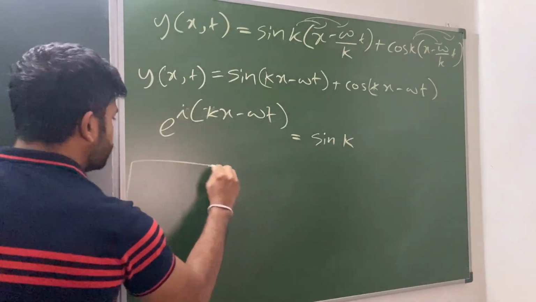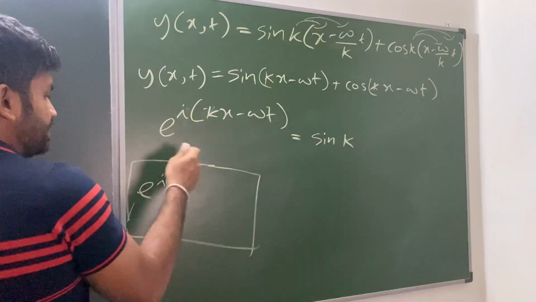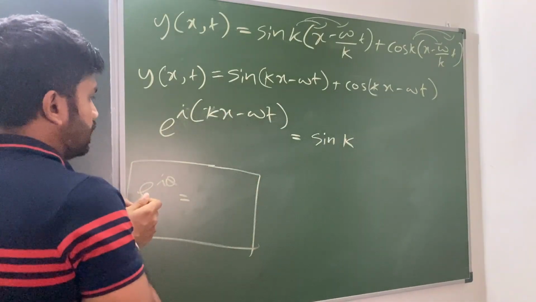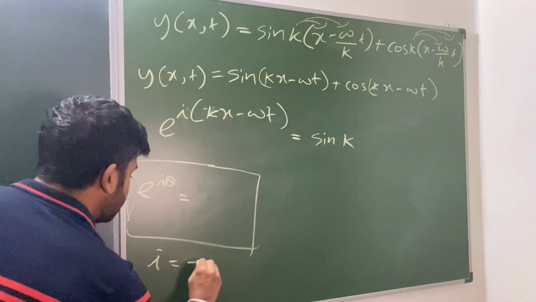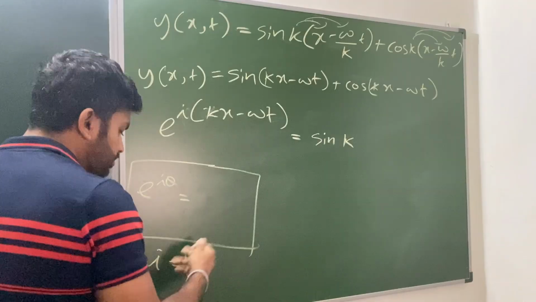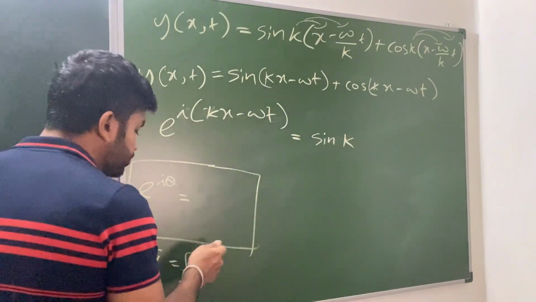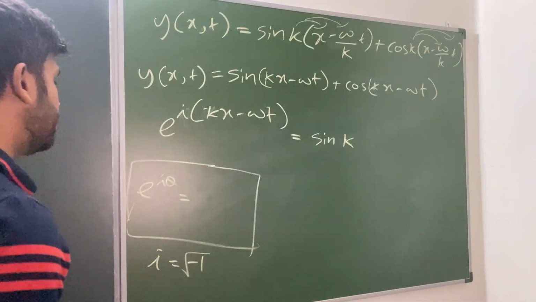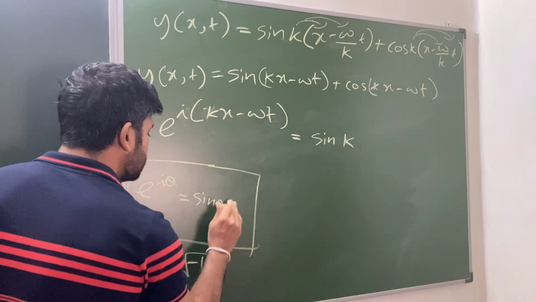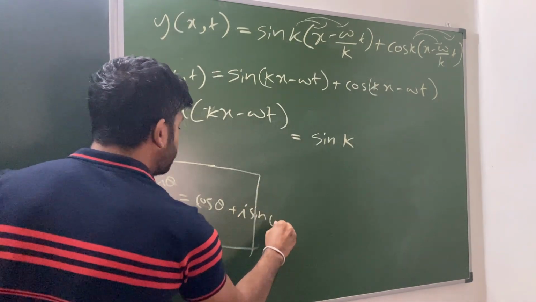If you don't know what Euler's formula is, that is e to the power i theta. If you are not familiar with imaginary numbers, don't worry. i is equal to the square root of minus 1. You can't define it with other numbers than the imaginary i. So that's the only number you can use to define this square root of minus 1. So in Euler's formula, guys, you can write it as cos theta plus i sin theta. I'm going to do the same now.